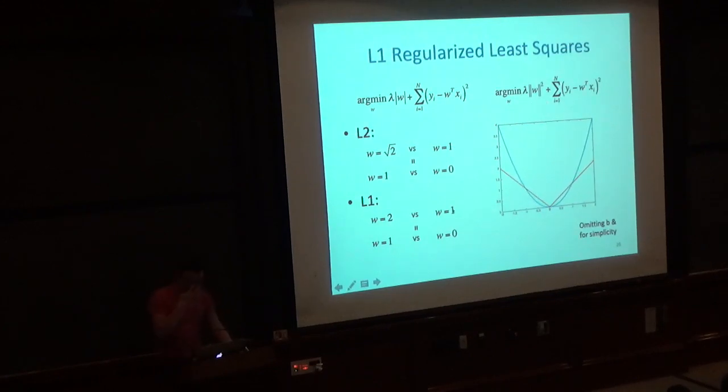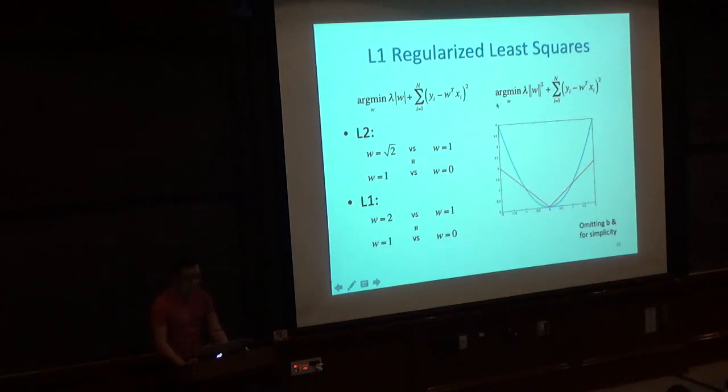And so we can think about some comparisons between L1 and L2. In L2, if we think about this objective function, the penalty that we pay between having W be square root of 2 versus W being 1 is equal to the penalty we pay between W equal 1 and W equal 0.